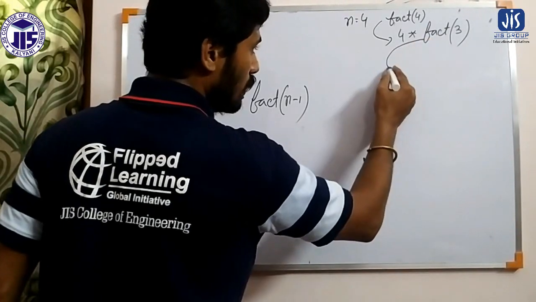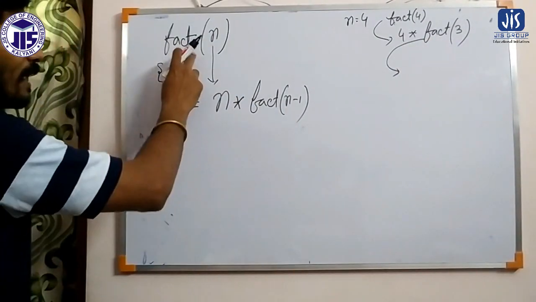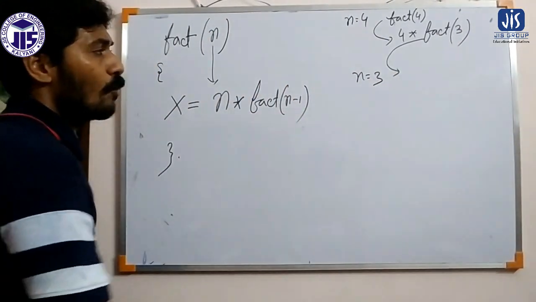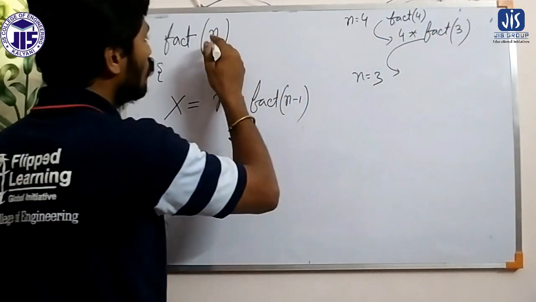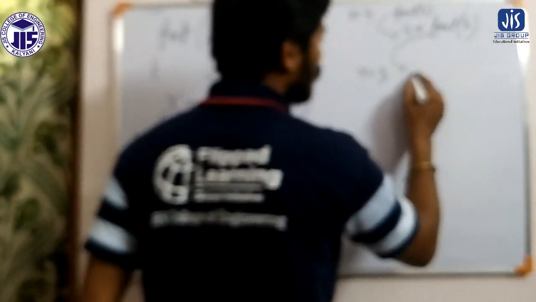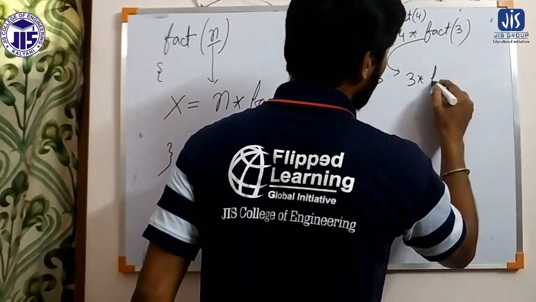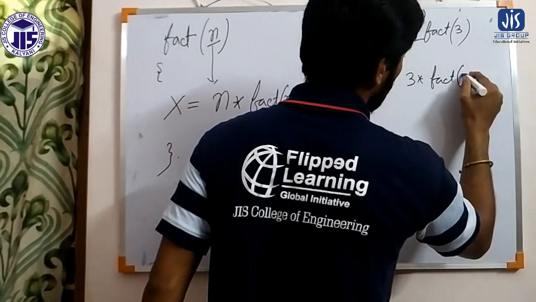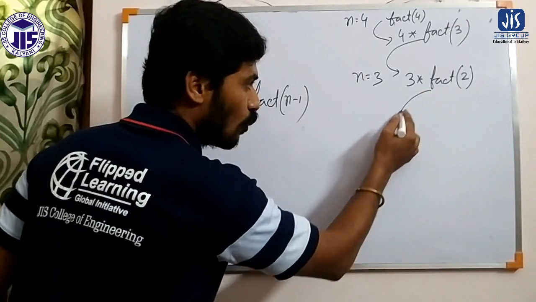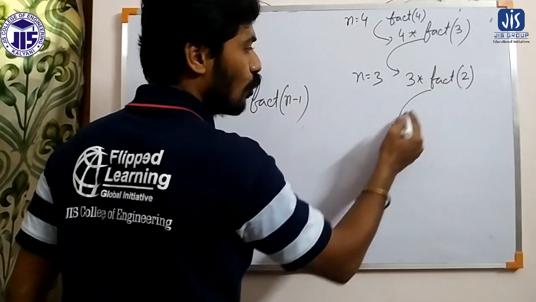And when it calls the fact function again, the value of n is now 3, because fact 3. So the argument value becomes 3. N becomes 3. Now it will be 3 into fact 2, n minus 1, that is 2. So again it will call the fact function.